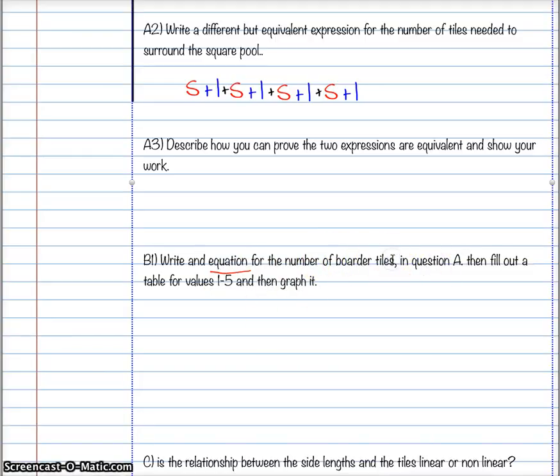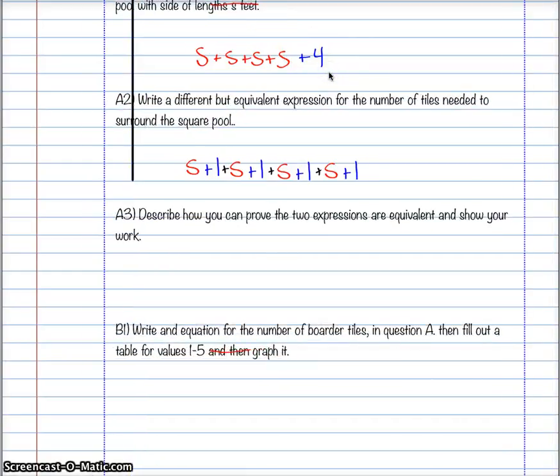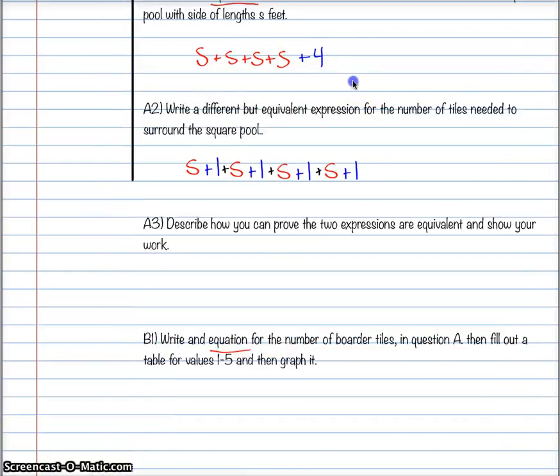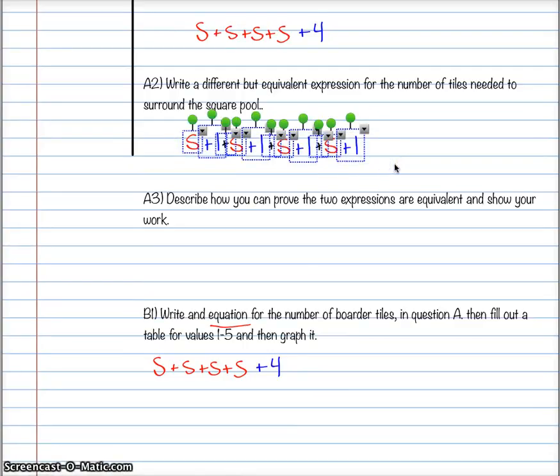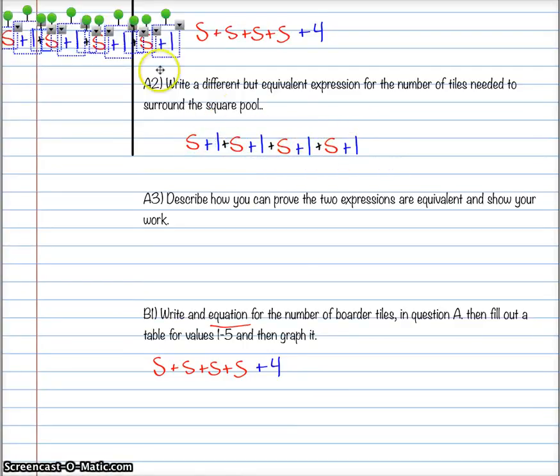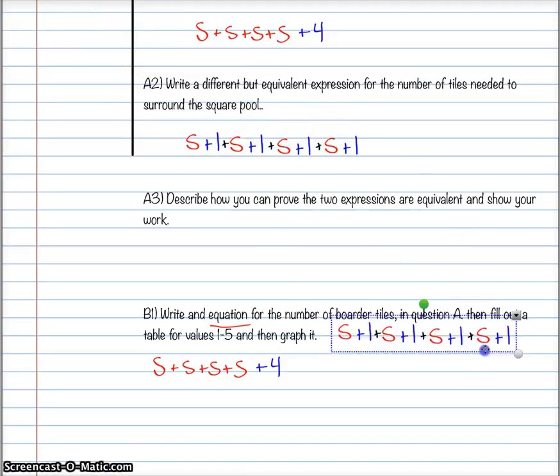So it says I'm going to write an equation, and I'm going to have it equal to something. I'm going to pick the same equations here. This one I'm going to put down here, and I'm going to make an equation for each one of these, and I'm going to see that they're equal to each other.